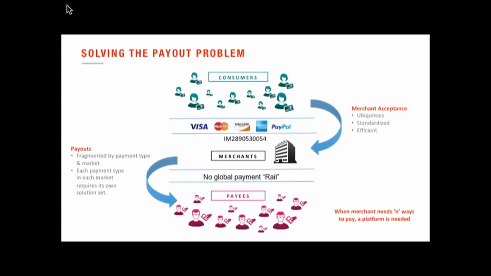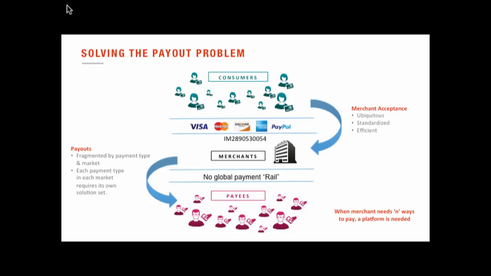With payment acceptance, the problems have largely been solved by innovative technology companies that have built really easy to use APIs and services on top of some really well-established payment rails. And what I mean by that is Visa, MasterCard, American Express, Discover, and PayPal.